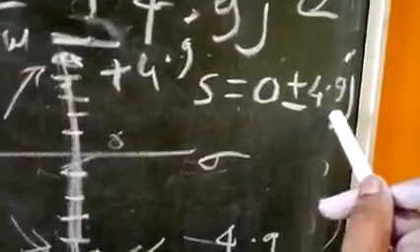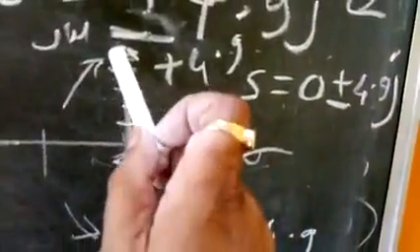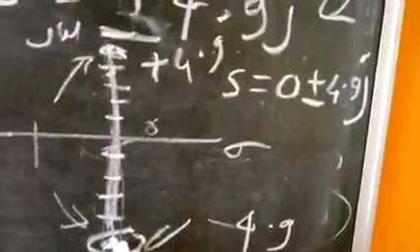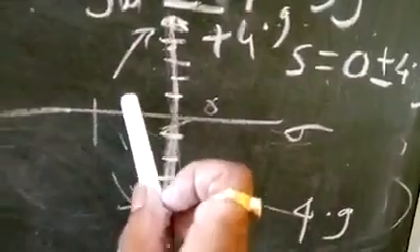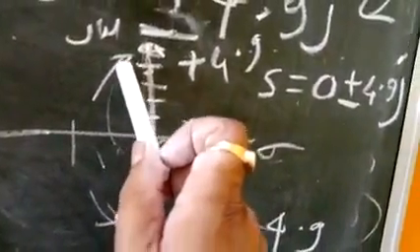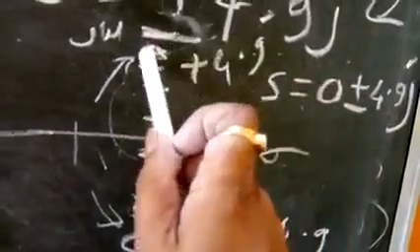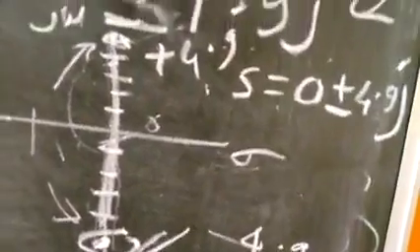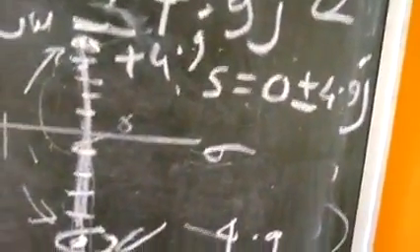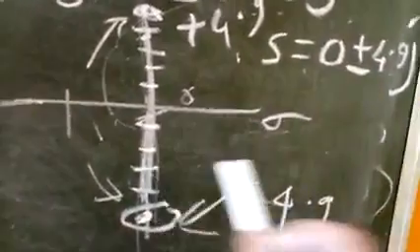Plus and minus 4.9j, so plus 4.9j and minus 4.9j. If the root locus is starting from this point, it crosses the j omega axis at the point 4.9j.